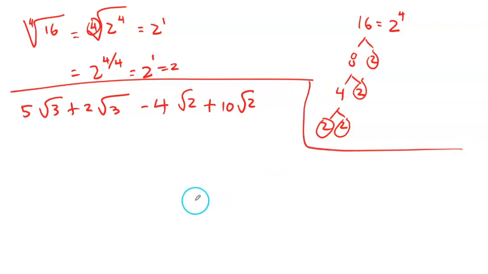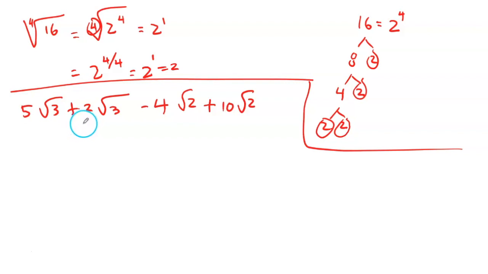Okay. The first thing that you have to do is see, inside my radicals, can I break those numbers down somehow? 3 is a prime number, 2 is a prime number, inside the radical. Nothing that I can do. So there's nothing that I can take out of the radical. Now, the idea is the following.